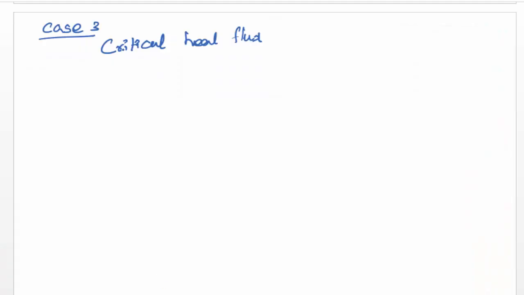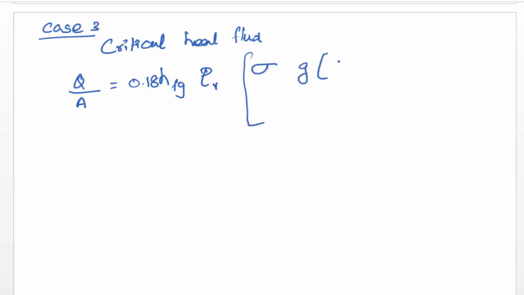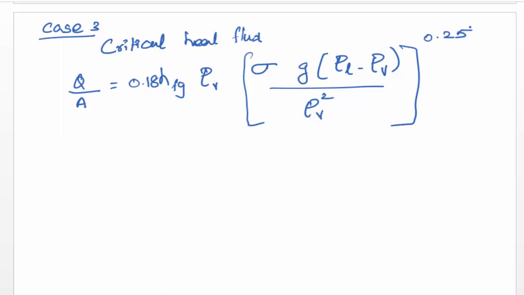So here I am writing the formula Q by A, the critical heat flux, is equal to 0.18 HFG rho V into [sigma g (rho L minus rho V) divided by rho V squared] to the whole power 0.25. Just substitute all the values which were used in case 1 itself.